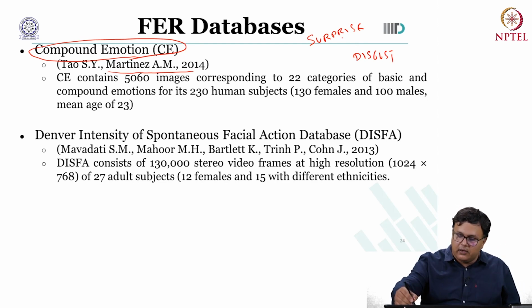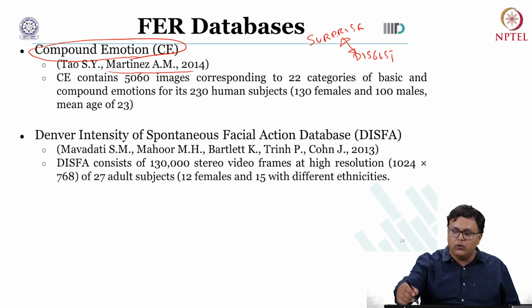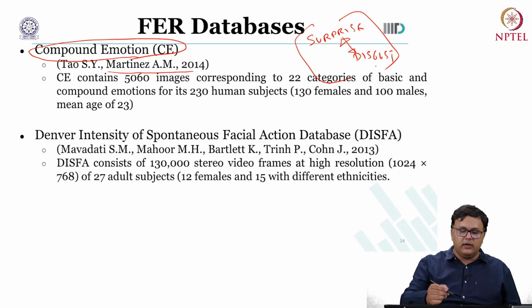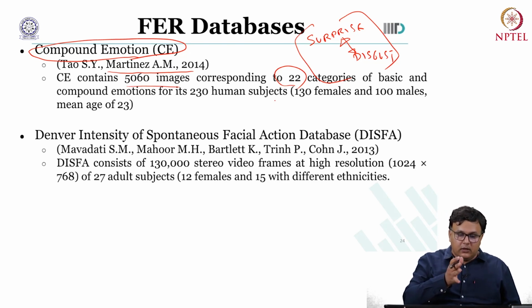You could have a scenario where a person is disgusted and surprised, right? So the emotion in terms of the expression is compounding. So Martinez and others proposed this data set containing 5,000 odd images from 230 subjects and 22 categories of basic and compound emotions, which means now from the perspective of a facial expression recognition system, you have a 22 class problem. And that means you can have more fine-grained information about the state of the user.